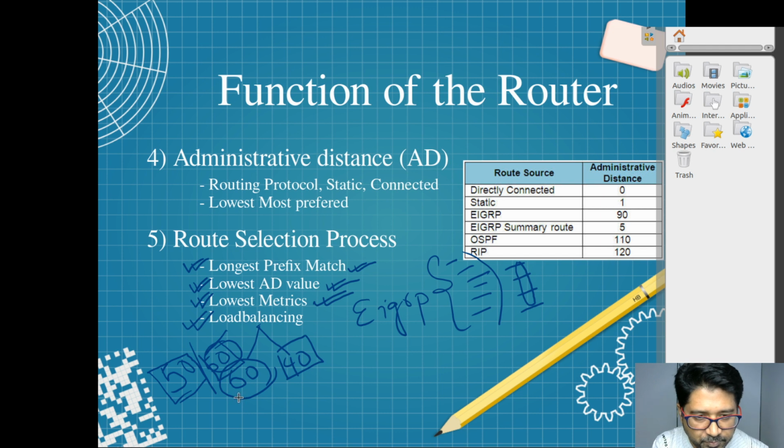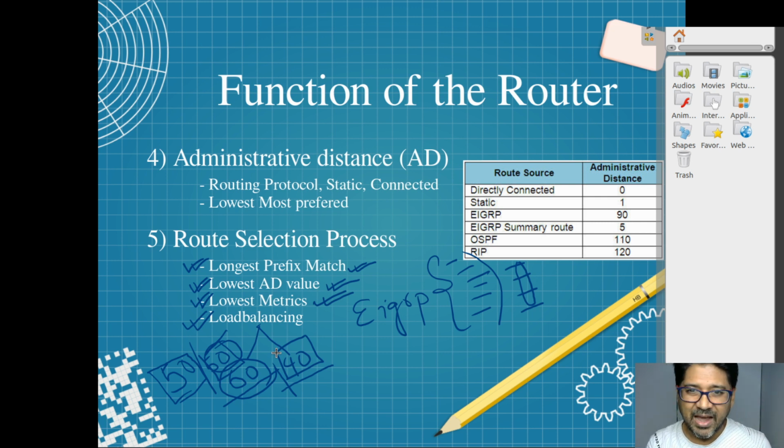For EIGRP we have a process by which we can do different calculations of the load balancing, like 60-40. We can do asymmetric load balancing, not equal load balancing.